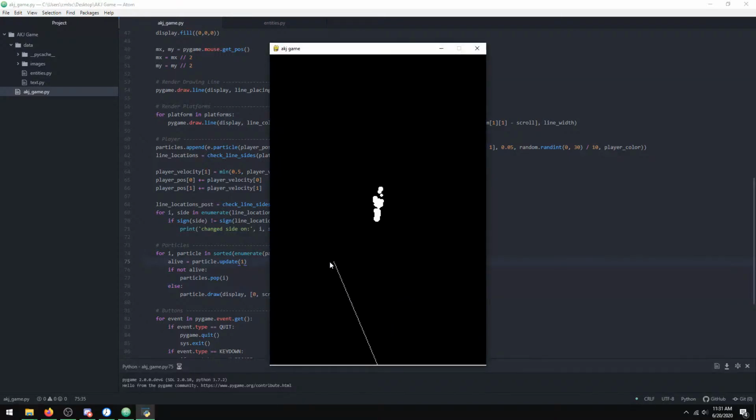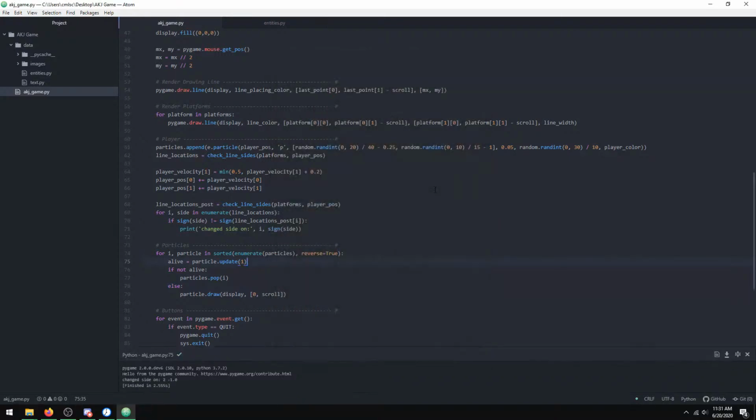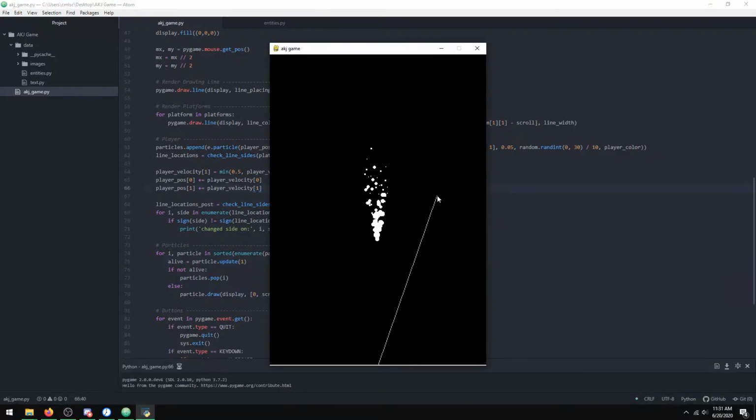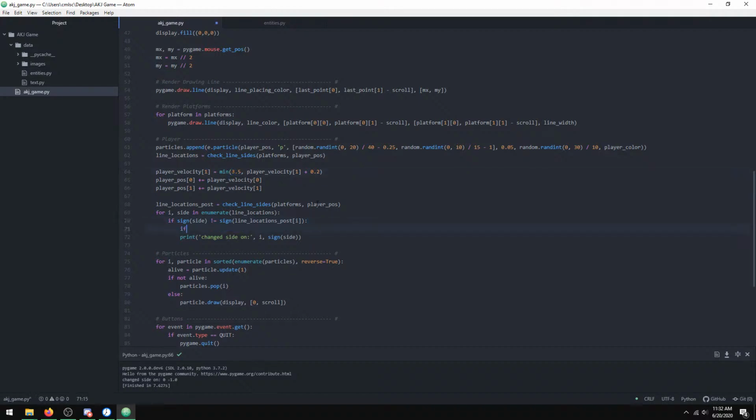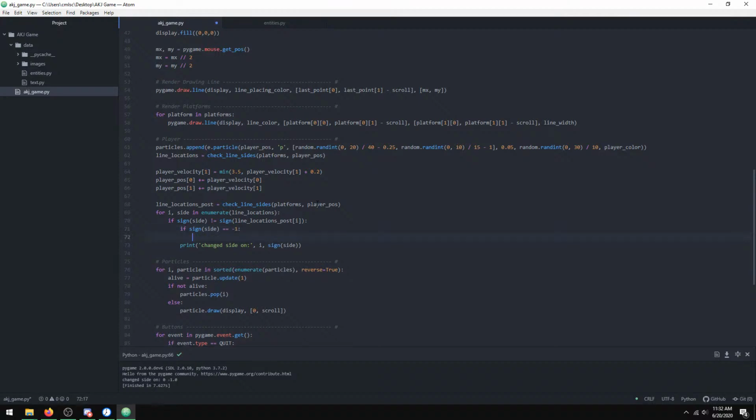Does it always say -1 when it goes down? If that's the case, then I can use that. Okay. So I'm going to turn up the velocity again, and if sign of side is -1, then it'll bounce.